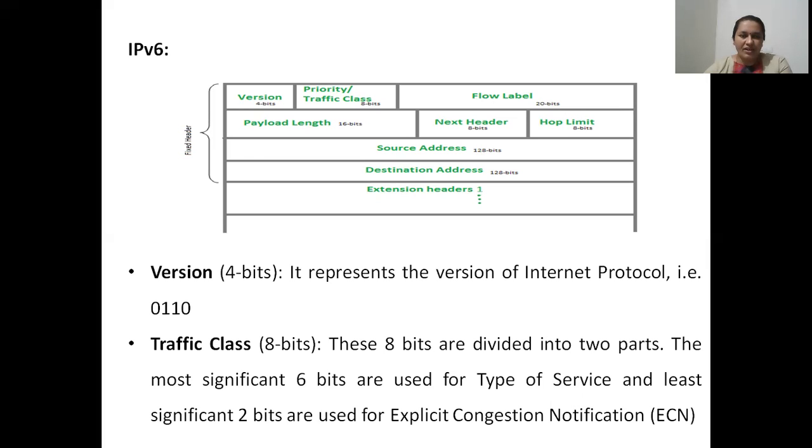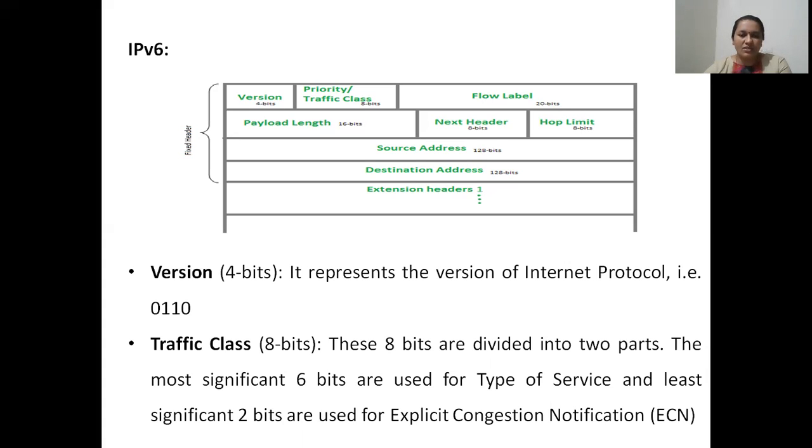The second field, priority or traffic class, is an 8-bit field. In these 8 bits, the first 6 bits, which are the most significant bits of this field, are used to specify the type of service, whether the service is connection oriented or connectionless, reliable or unreliable.